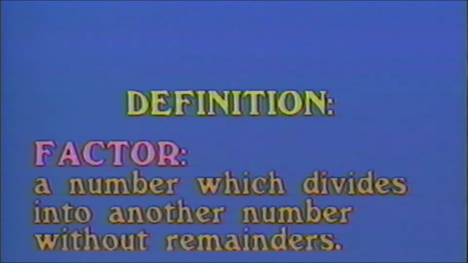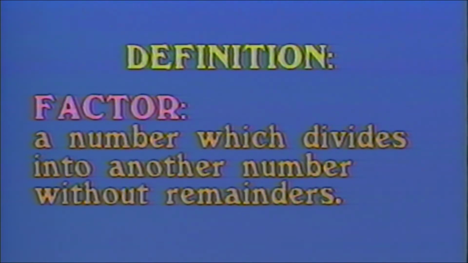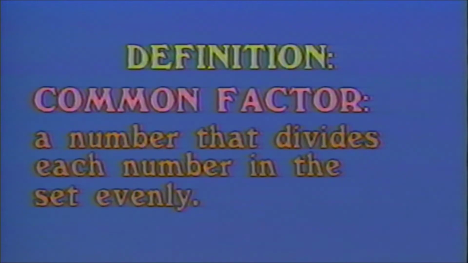A factor of a number is another number that divides into that number evenly, without any remainders. 5 is a factor of 15, since 15 divided by 5 equals 3. 3 is a factor of 15, since 15 divided by 3 equals 5, with no remainder. A common factor of a set of numbers divides each of the numbers in the set evenly.